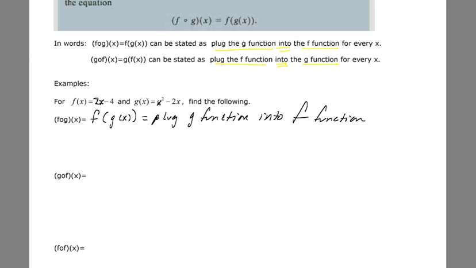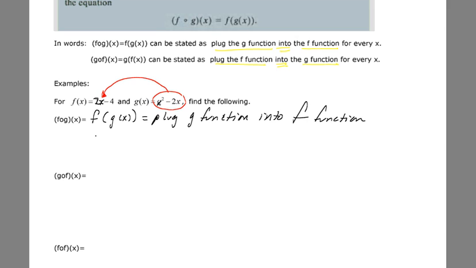So let's illustrate that. I'm going to take the G function that looks like this and plug it inside the F function for every X.